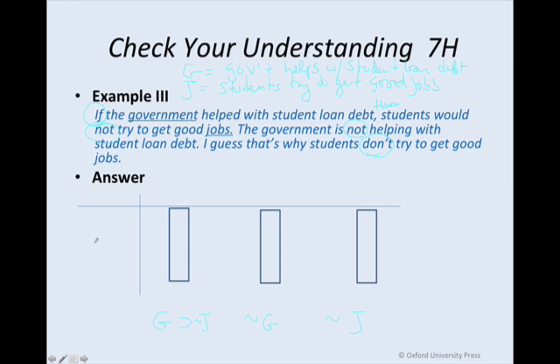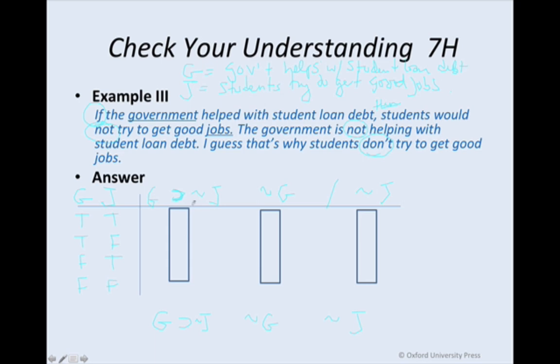We have two simple sentences, G and J. So we have 4 lines of the truth table laid out per the standard. The main connective for the first premise is the horseshoe. The second premise has the connective tilde, or the negation. And lastly, the conclusion is negation J.